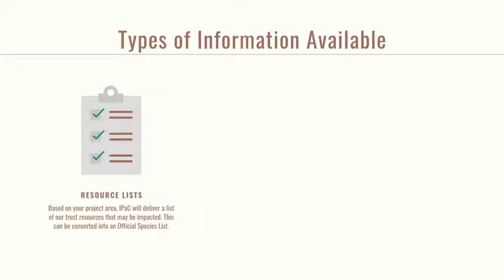In addition to listed species, IPaC will also let you know if there are any migratory birds in that area, if there are any wetlands, and if there are any other fish and wildlife facilities in that project area. And one of the nice things about a resource list is if you need some type of formal documentation for your work or for your project planning process, or maybe you are undergoing a formal consultation, these resource lists can be converted to official species lists, so official documentation.